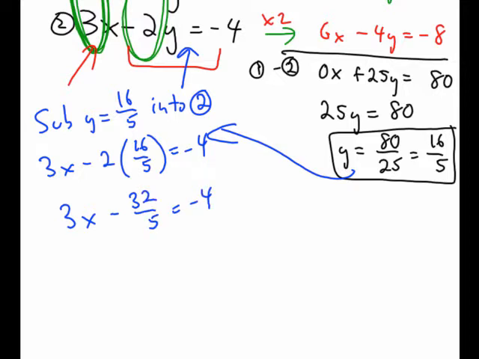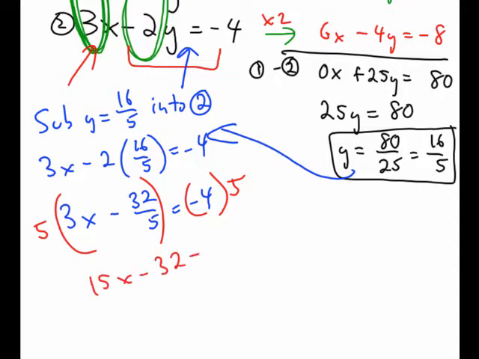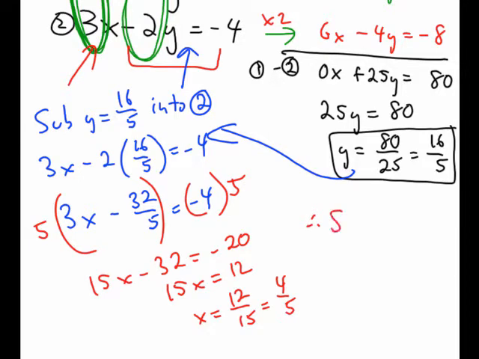I could multiply both sides by 5 just to make the equation easier to deal with, fraction free. 15x minus 32 is -20. Add 32 to both sides and divide by 15. Reduce that to lowest terms, I get 4/5. So therefore my solution set is the point 4/5 for x, comma 16/5 for y.